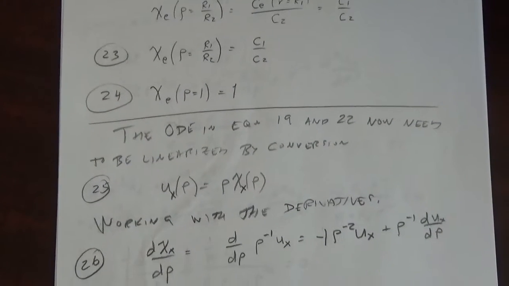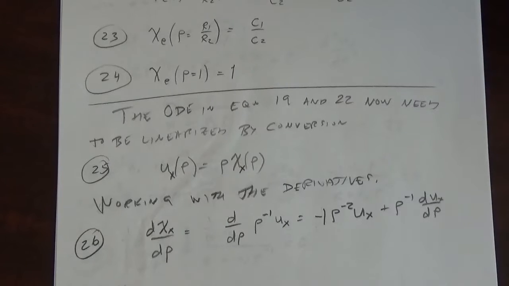So let's step through the substitutions we make. These are again chi sub x, so they're kind of a uniform expression. This gives us a derivative of chi with respect to rho, and converting that to u sub x is that.